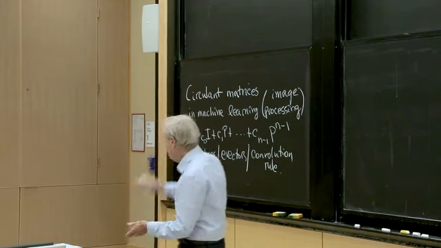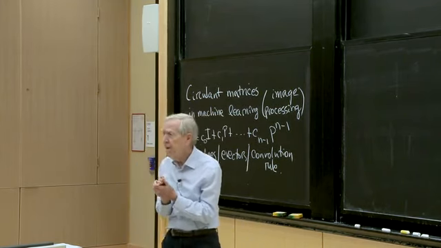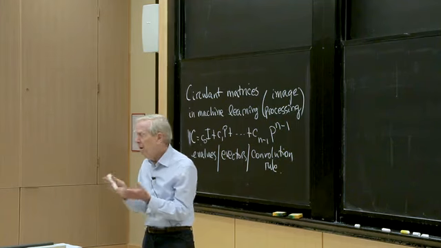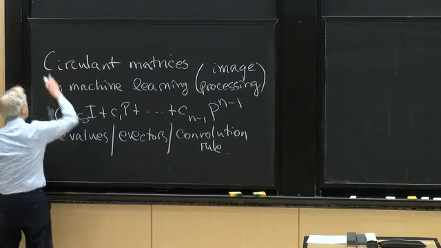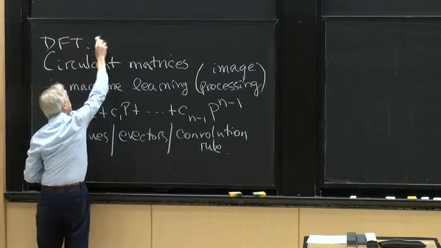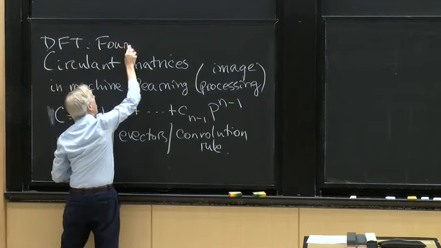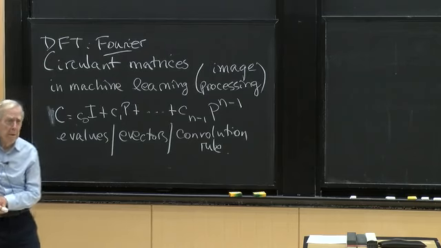And there's a lot of topics like circulant matrices that I'm not going to be able to give you a P set about. But of course, these are closely connected to the discrete Fourier transform. So let me just write the name of the great man, Fourier.